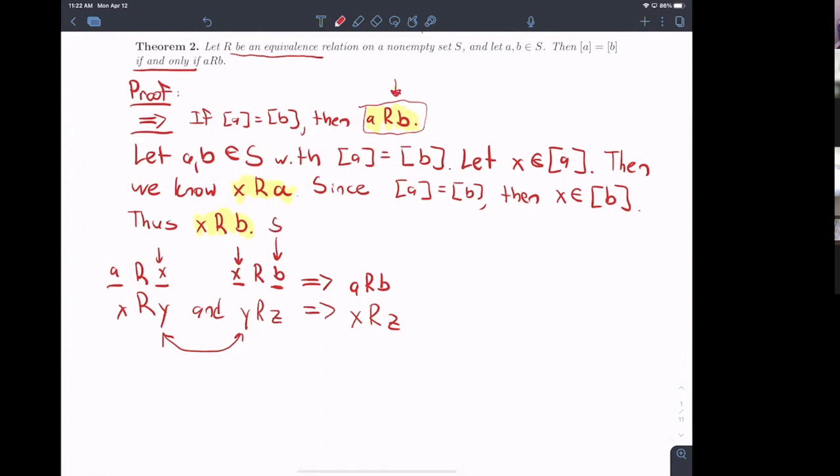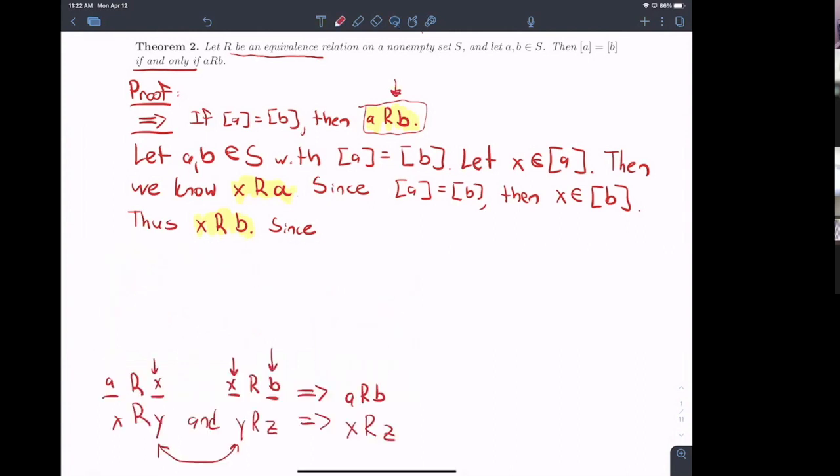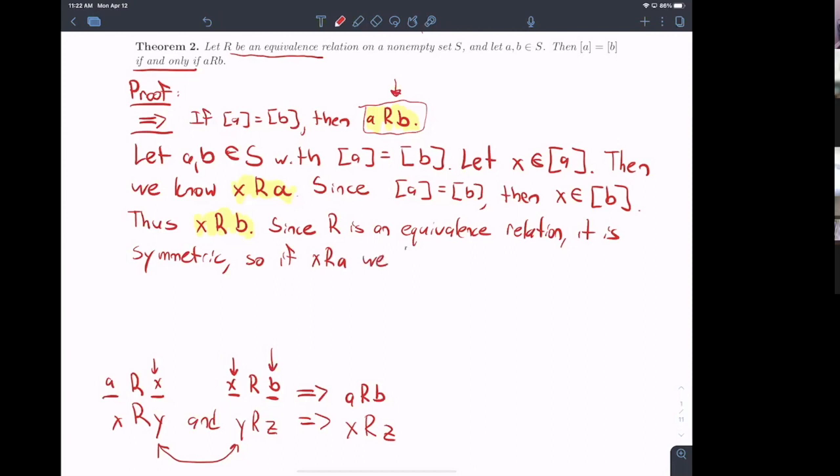So let's kind of summarize that. So since, let me just move this down. So that tells us why we can switch the order around.